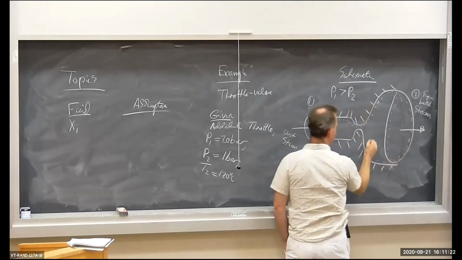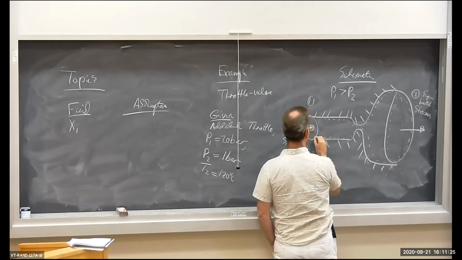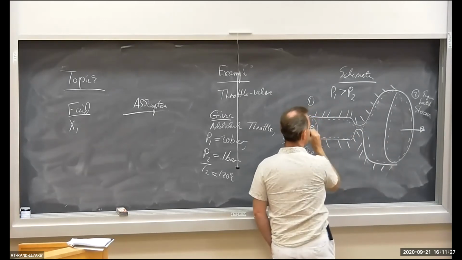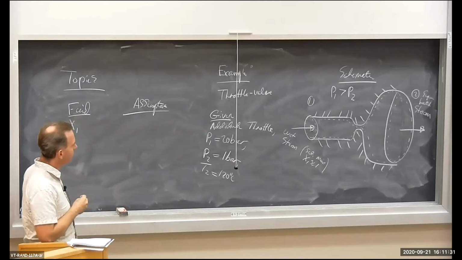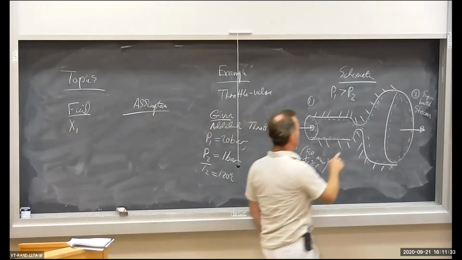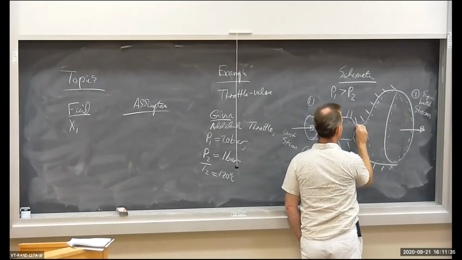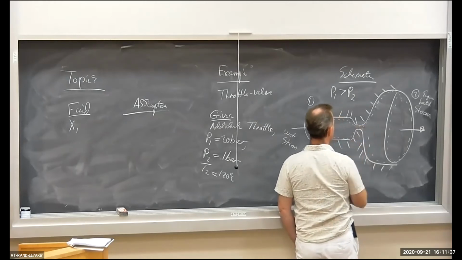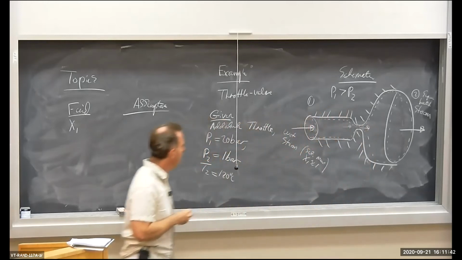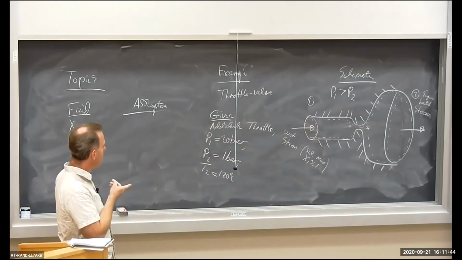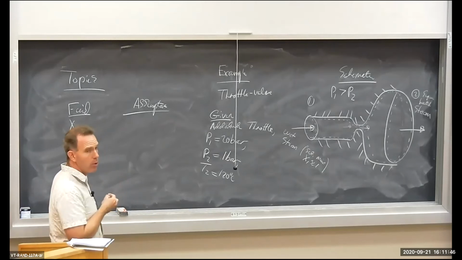It envelops the inside of my valve, on the walls of the valve. I don't want it pinching to nothing here. That's not good. There we go. Okay, so the flow is going in and out of this constriction. So that's an open system. I got an inlet at location 1 and an outlet at location 2.